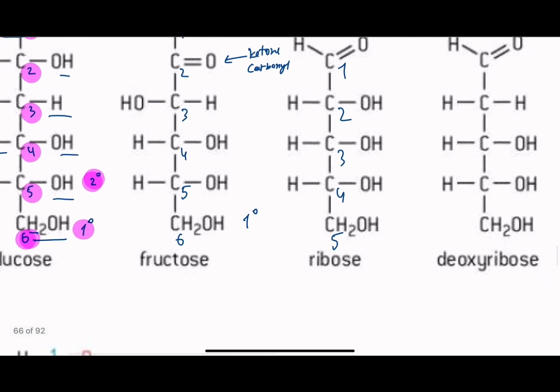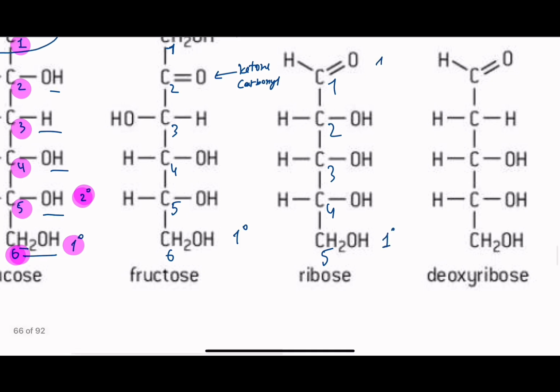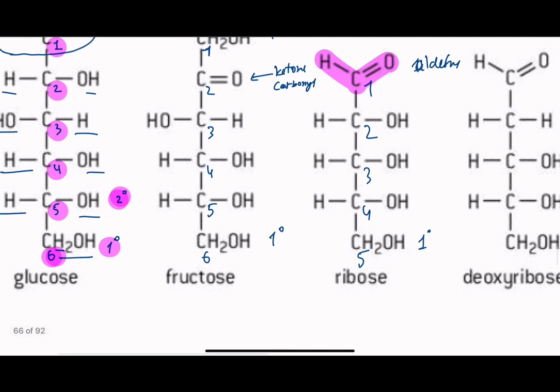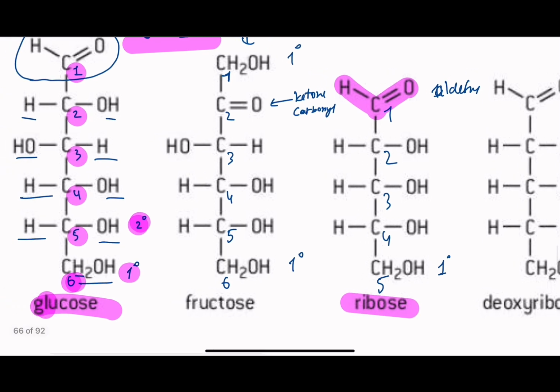Now, ribose, on the other hand, has 5 carbons, and the last one is a primary alcohol. The first one is an aldehyde, and the second, third, and fourth are secondary alcohols. If you look at glucose and ribose, the only difference between them is that ribose doesn't have one of the secondary alcohols.